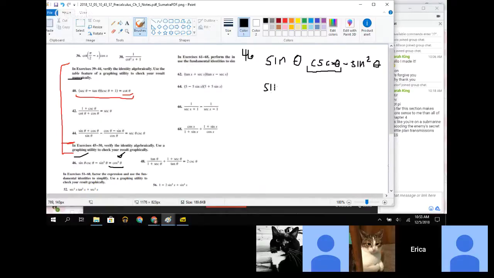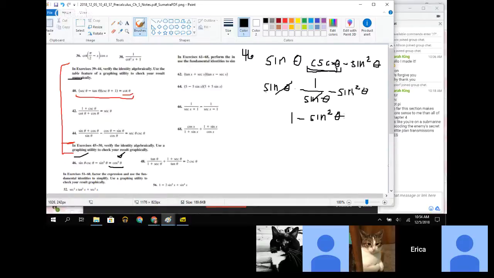So the sine of theta, leave that alone. The cosecant of theta is equal to 1 over the sine of theta, minus the sine squared of theta. Well, the sine of theta times 1 over the sine of theta, those cancel each other out, and you're left with 1 minus the sine squared of theta.